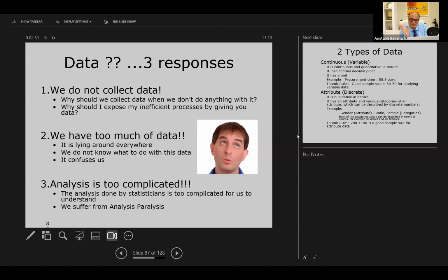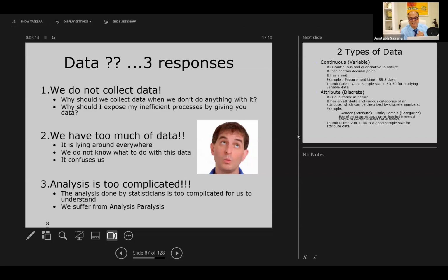Your data is talking about something else. Did you collect the data? There was a discharge time project. I'll show you an example here. I'll not show the exact numbers, but some imaginary numbers. Where is the discharge time data? What are the factors which are influencing your discharge time?